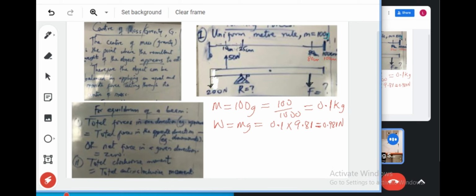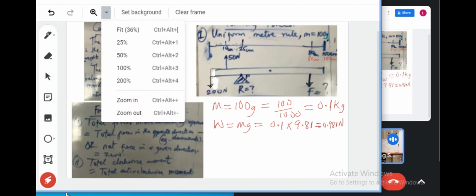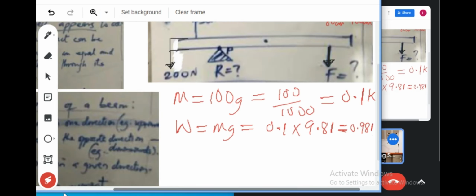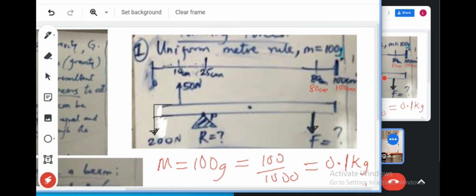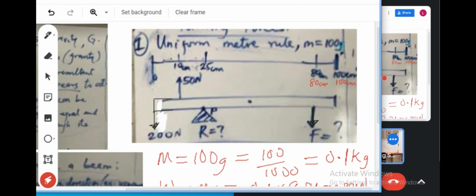For instance, this is a meter rule. So where do you think will be its center of gravity? The geometrical center is at the middle, and that is where you have its center of gravity. And what happens at the center of gravity?